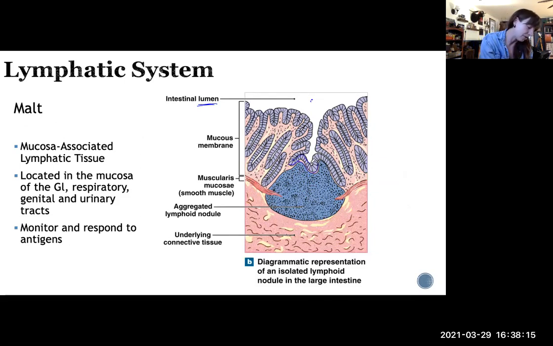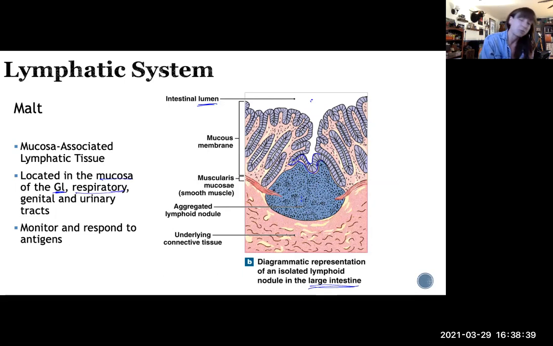Okay, so this is the epithelial tissue here. Here is your MALT, which is really just like a clump of that lymphoid tissue. So this is that reticular connective tissue, loose connective tissue with a lot of lymphocytes and macrophages in there, okay? So it's located in the mucosa of the GI tract, like the large intestine.